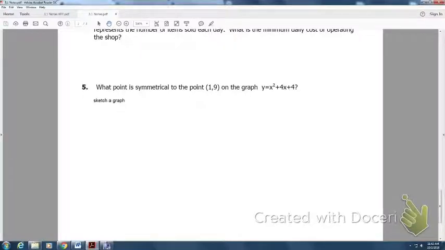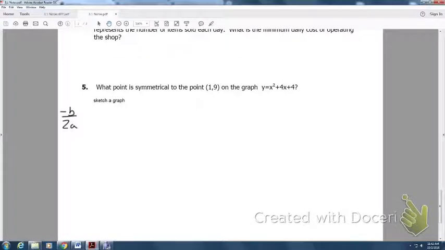Okay? So on this it says, what point is symmetrical to the point (1, 9) on the graph y equals x squared plus 4x plus 4? Anytime you see the word symmetrical, you're probably going to need to know what? The axis of symmetry. So to find the axis of symmetry, it's negative b over 2a.